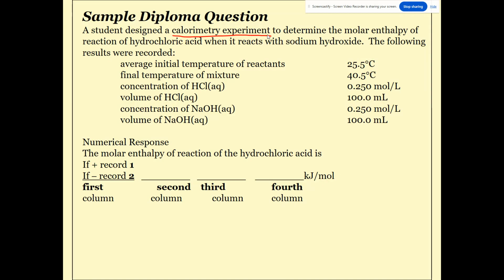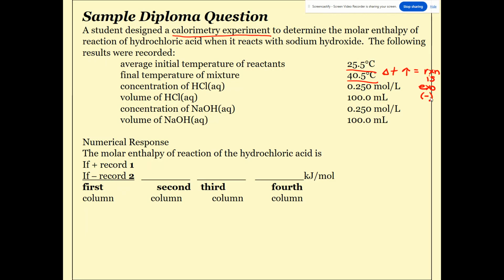Now, let's look at what's happening to the water. The water's temperature is going up. So again, the solutions being water, aqueous means water, if the temperature of the water goes up, that means that my reaction is exothermic. And so again, it needs a negative symbol in front of it.